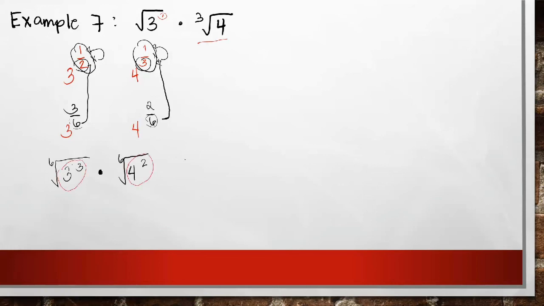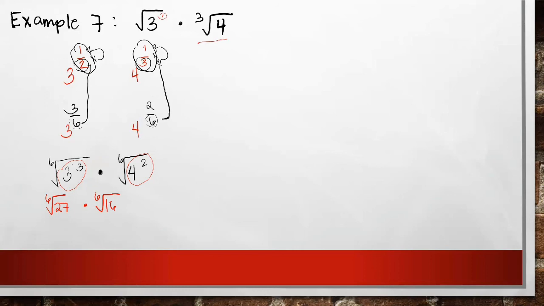So our answer here will become 6th root of 27 times 6th root of 16. Okay? So after simplifying it, we can multiply already the radicands. Why do we multiply them?